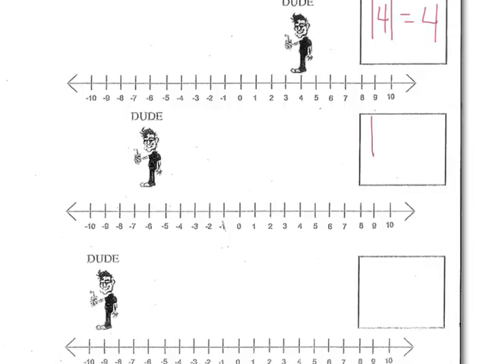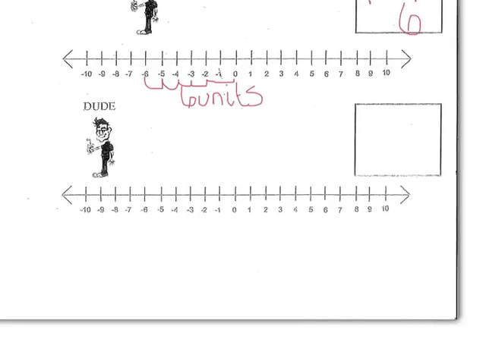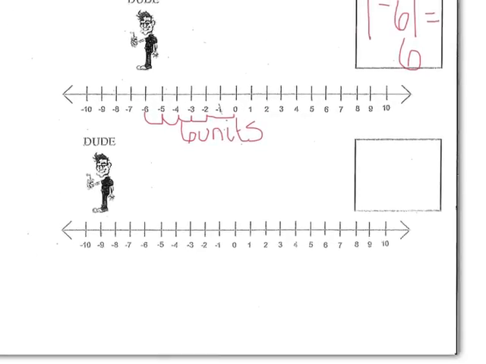So his absolute value, the absolute value of negative 6, is still a positive 6 because it is only 6 units from 0. Let's look at our last dude here. Our last dude is way over here. The absolute value of a negative 9 is the same as before, that's going to equal positive 9.